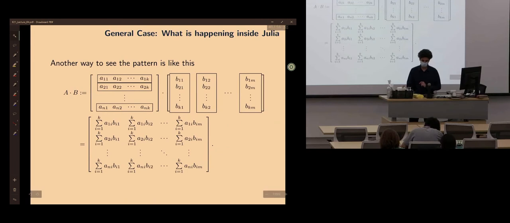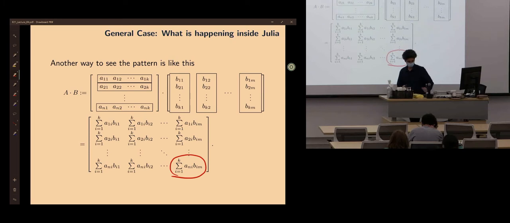We could use our summation notation as well and bring in the dummy index that we have. This makes it very compact. So for each entry of the result of multiplying A times B, we can exactly calculate that number by just calculating this summation, which is going over the nth row of A and the mth column of B, right?